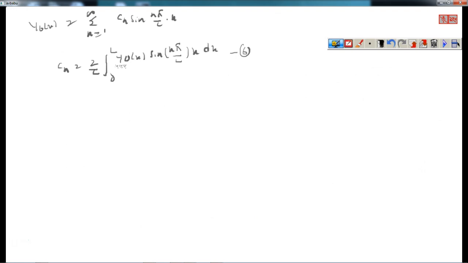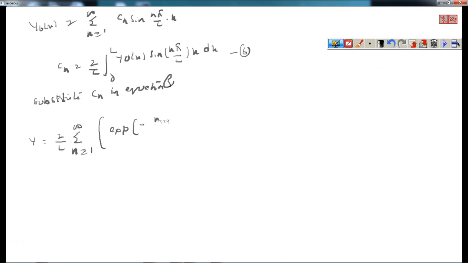Now substitute Cn in equation 5. You will get y is equal to 2 by L sigma n is equal to 1 to infinity, into exponent minus n pi by L whole square alpha t, into sin n pi by L x.